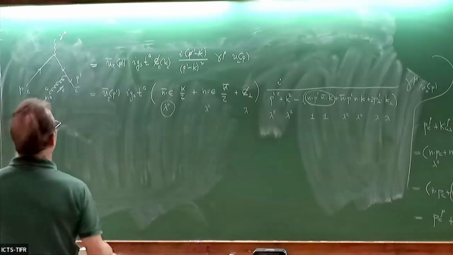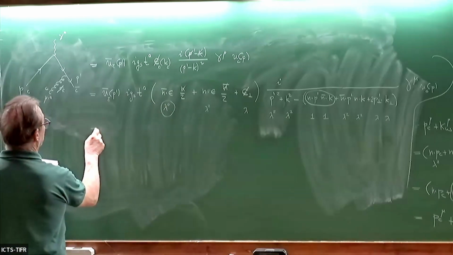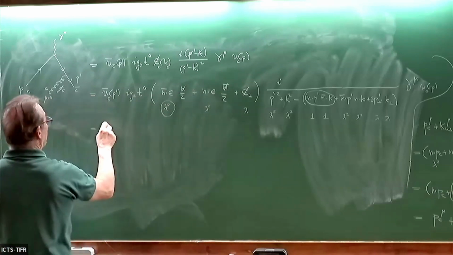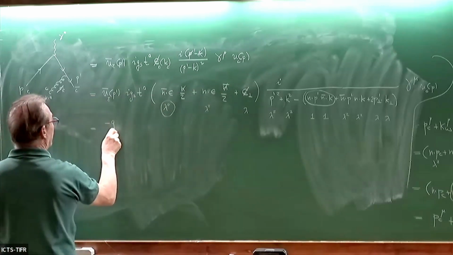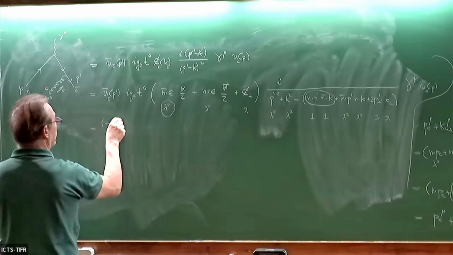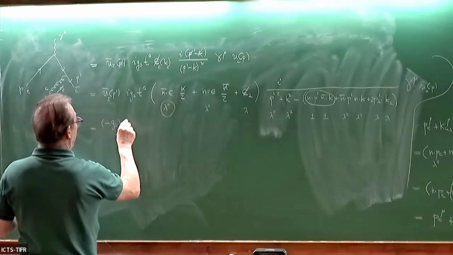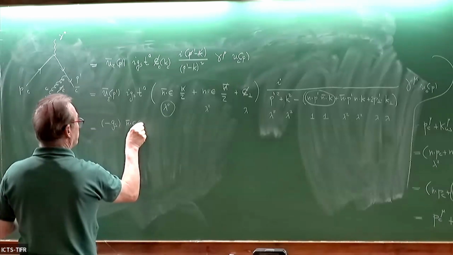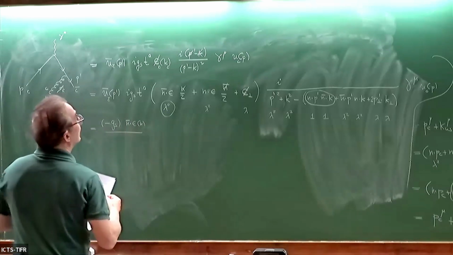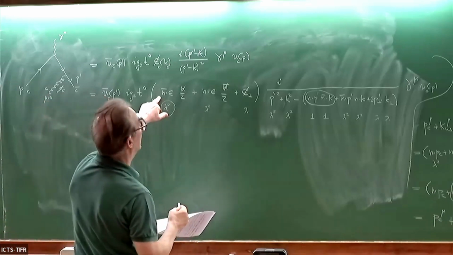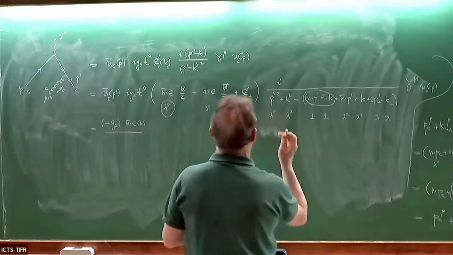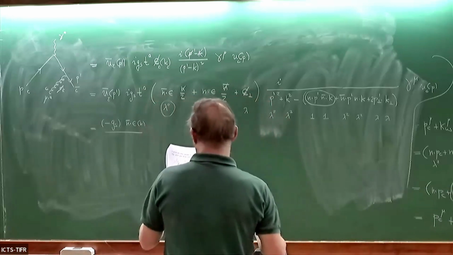If I just keep the leading effect, I get an i, and an i makes a minus g_s, an n bar dot epsilon of K for the gluon. And what happened to the numerator?